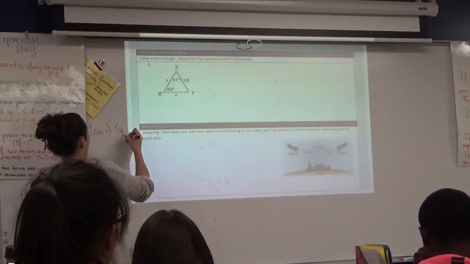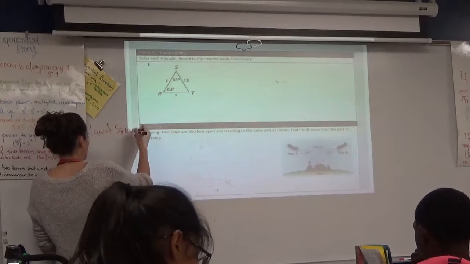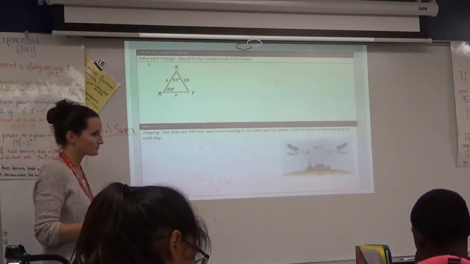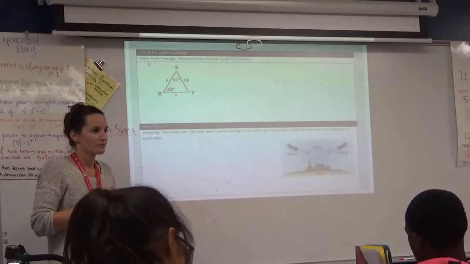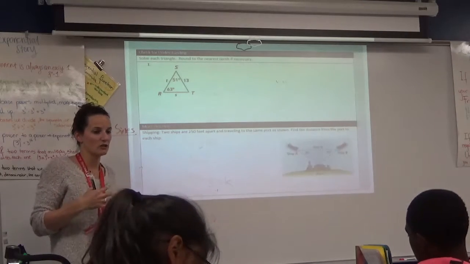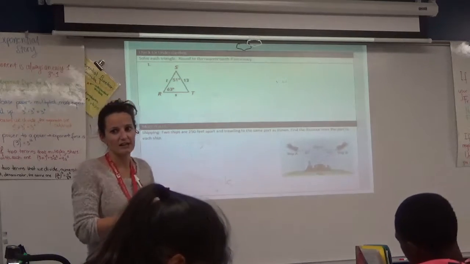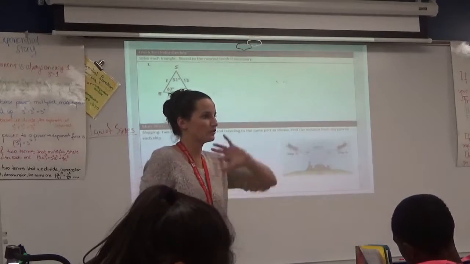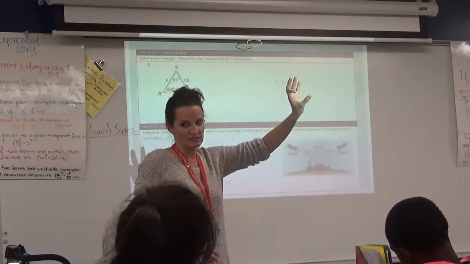So let's talk about law of sines. Yesterday we learned that law of sines is when we take the sine of an angle and divide it by the side that's across from it. That should be equal to any other pair of angles and sides, right?